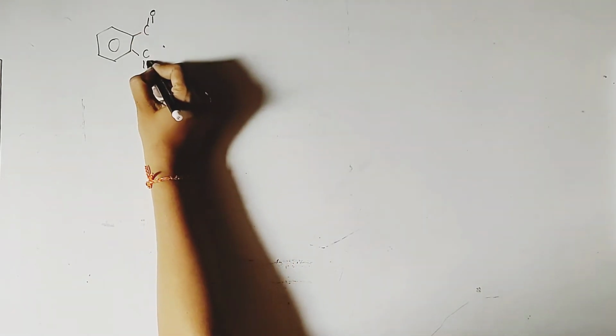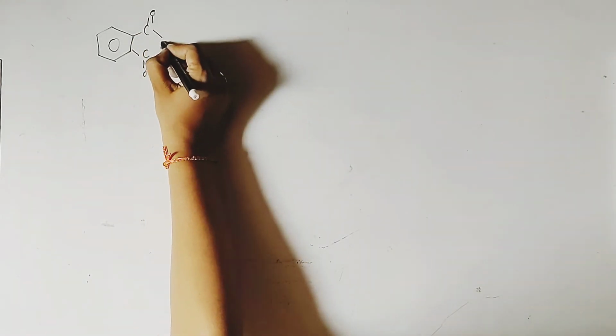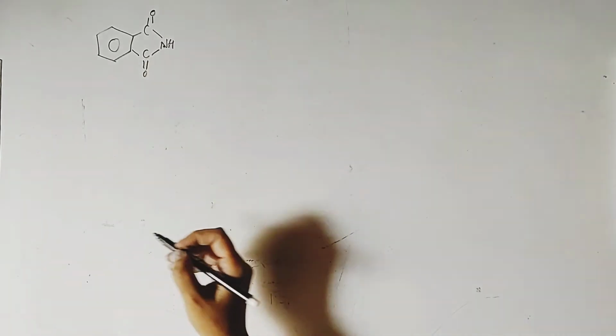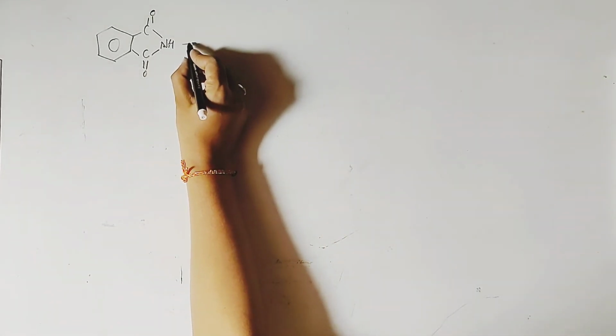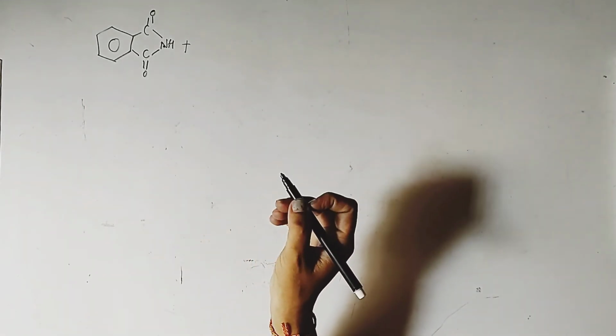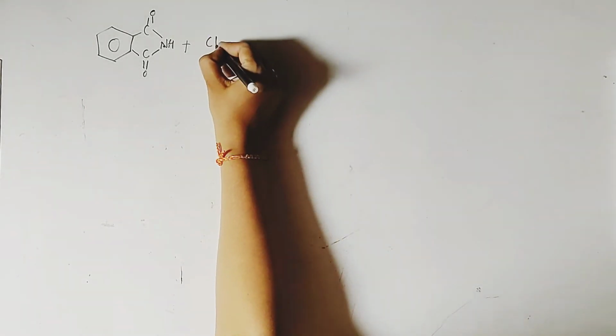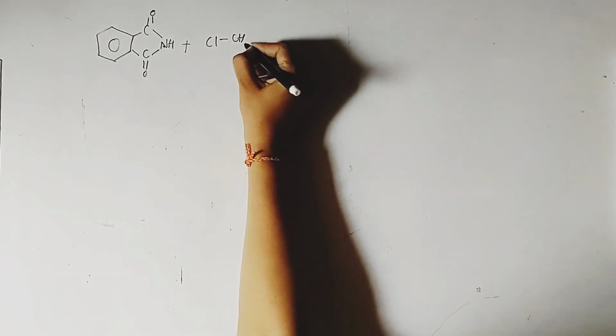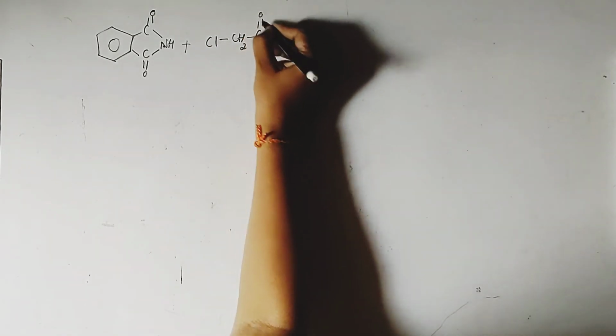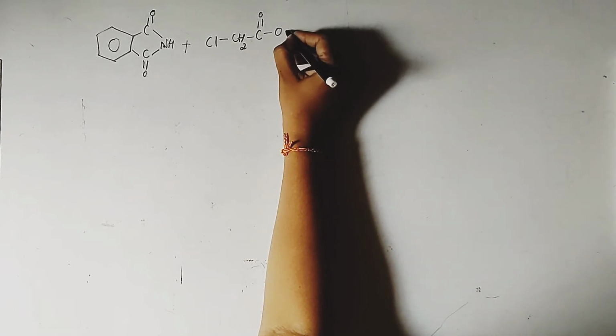Tertiary butyl phthalimide malonaldehyde is synthesized from phthalimide, that is benzene ring, CO, this is NH, that is phthalimide, and this phthalimide is now made to react with chlorobutyl acetate, that is Cl, CH2, COO, and here we have the tertiary butyl group.